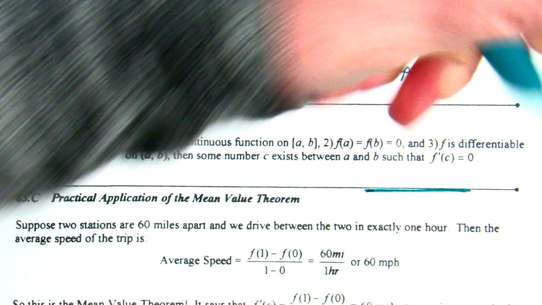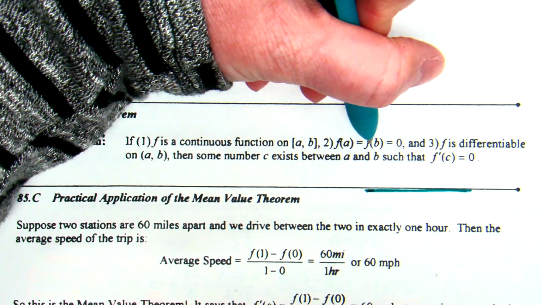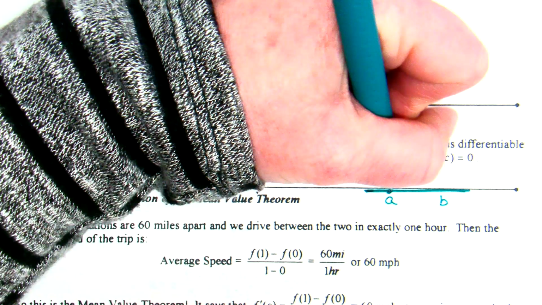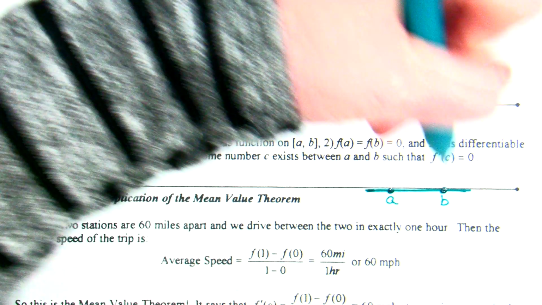Before I draw this, what do you know about f of a equals f of b equals 0? Okay, so the y values are 0 and it starts and ends on those. So both of those points are on the x-axis. So f of a is right here. f of b is right here.